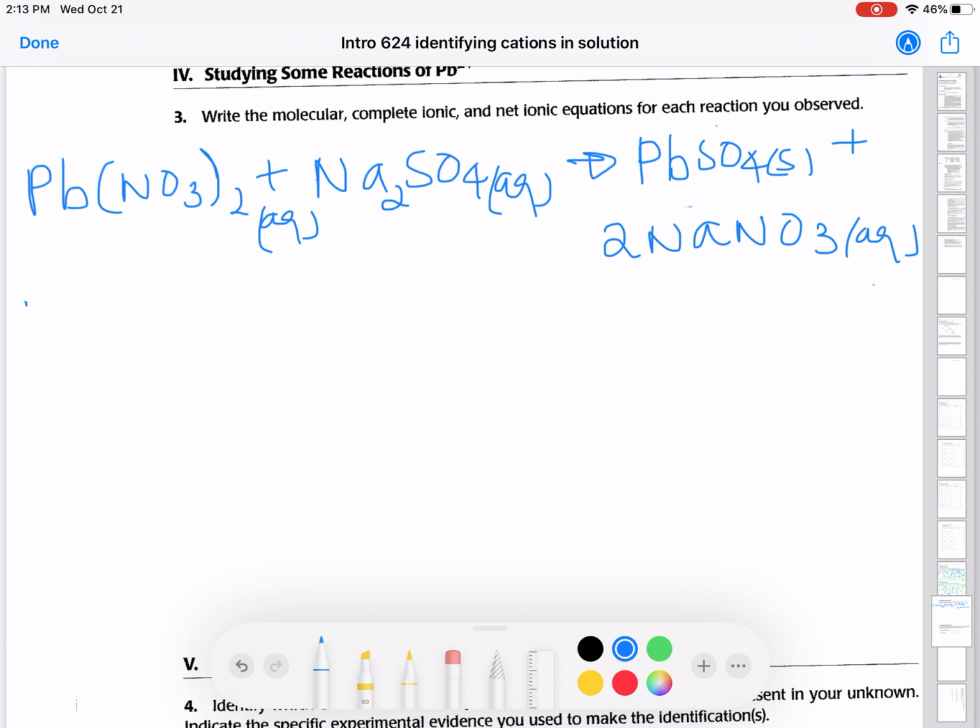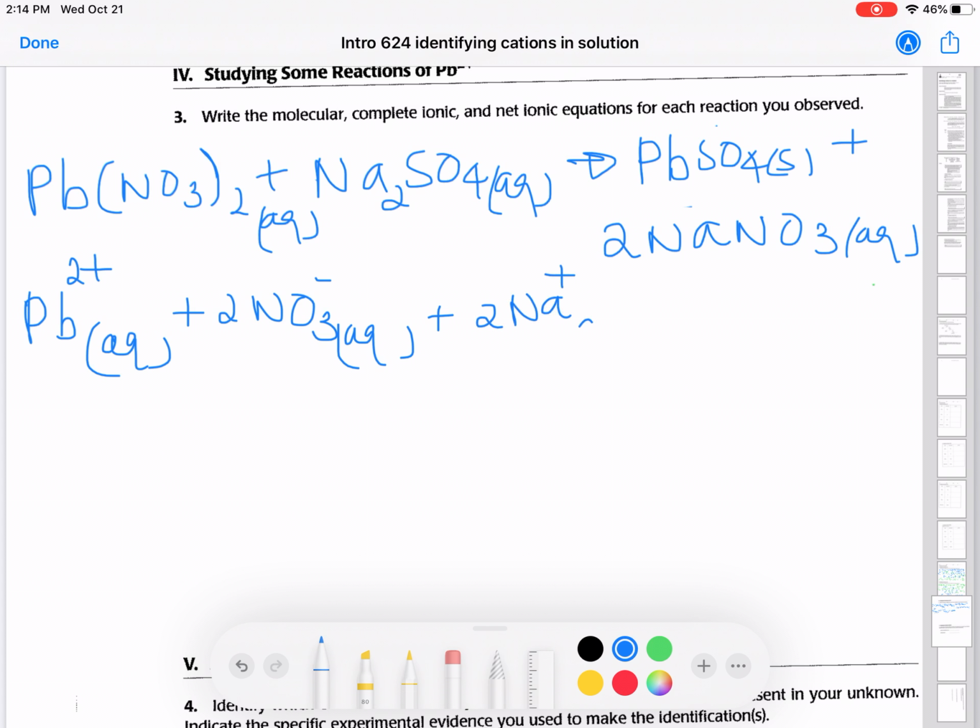Okay. Now that is the molecular equation, and then the total ionic equation would be, you're going to separate these into ions except lead sulfate. So the lead nitrate Pb2 plus aqueous plus 2 nitrate ions plus 2 sodium ions when you separate them into ions.